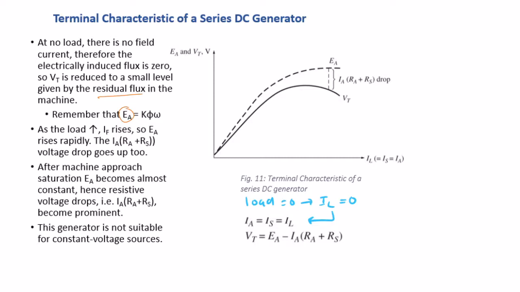Then as we increase the load, IL will increase, and therefore IF will also increase. Remember, I'm using both IF and IS as the same thing, referring to the field current.